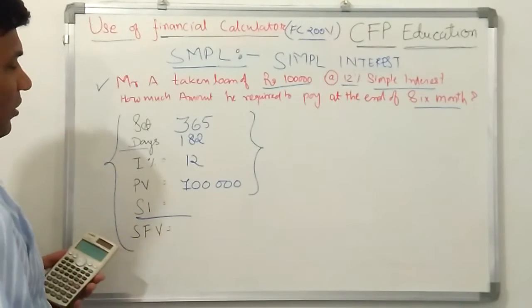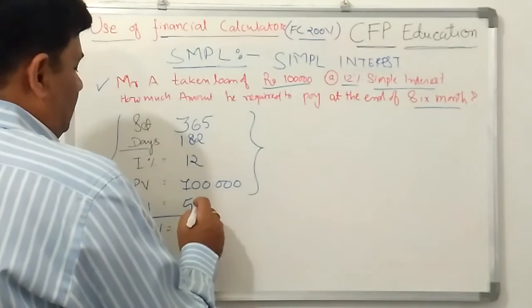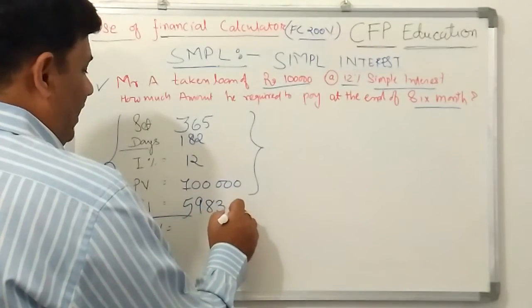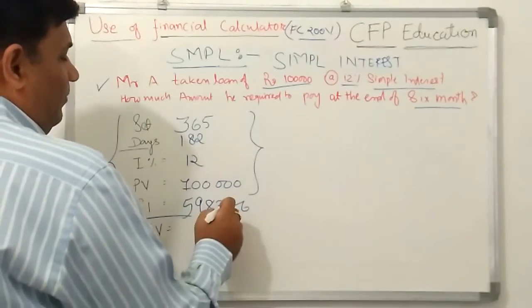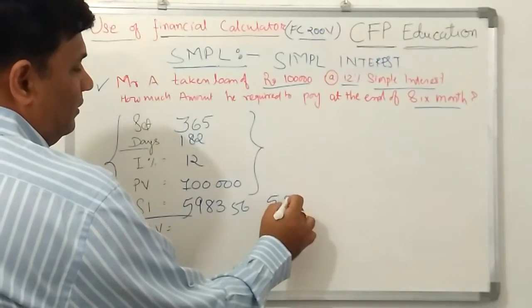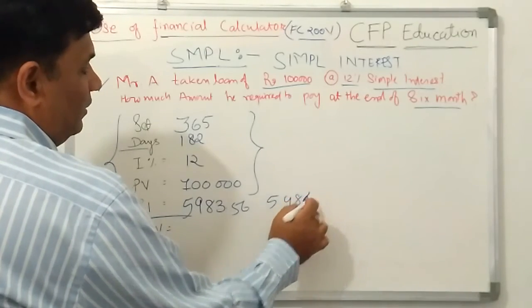On solution, we get to know that the simple interest is 5983.56. Okay, 0.56. So we can take 5984 as a whole figure.